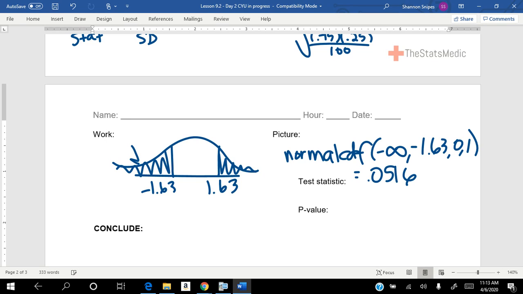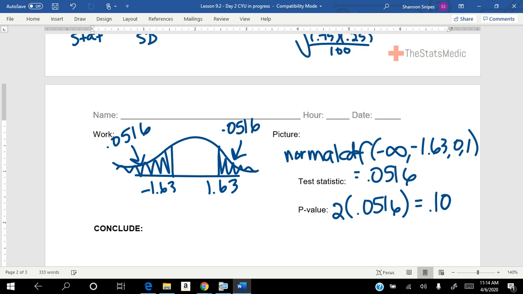But that is just right here, 0.0516. So this side is also 0.0516. Remember, symmetric curve. So your p-value is 2 times 0.0516, which is 0.1032.